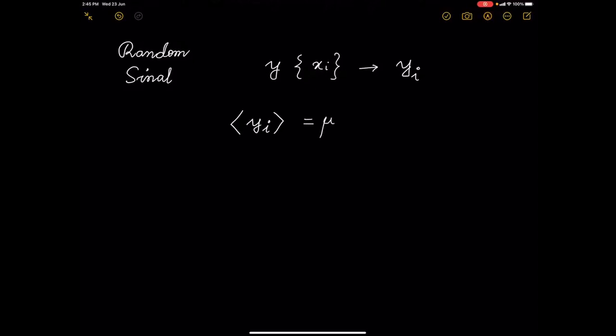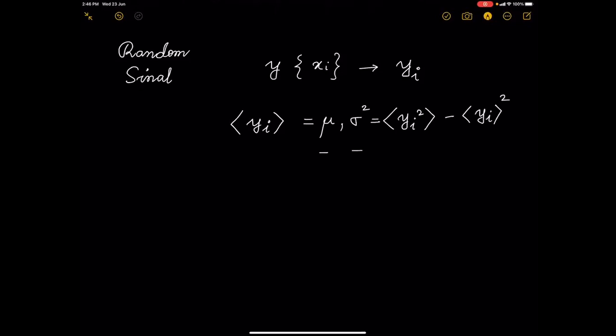I can square each signal, so y1 square plus y2 square, y3 square, and then average them, and then subtract the square of the mean. And what do you call that? You call that the variance. So even if I give you a completely random signal, I can get these two numbers out of it.